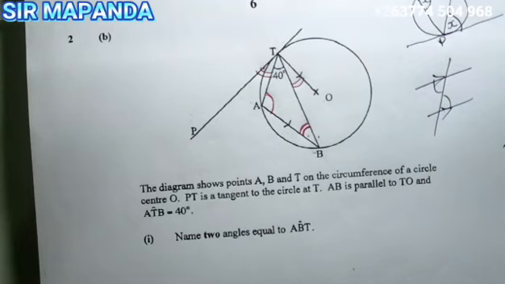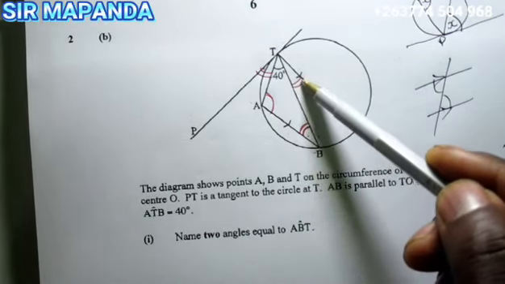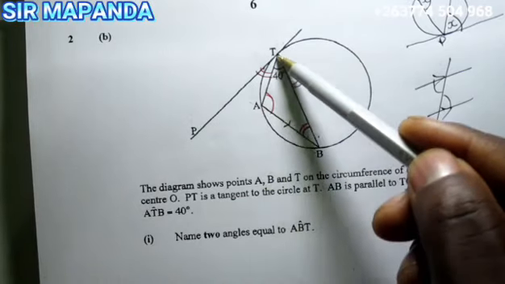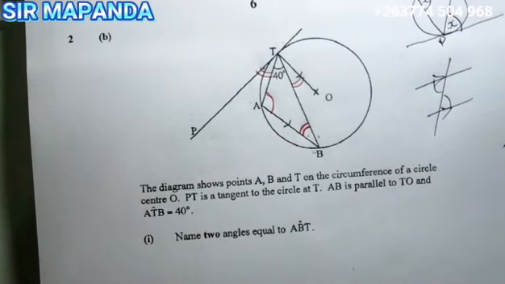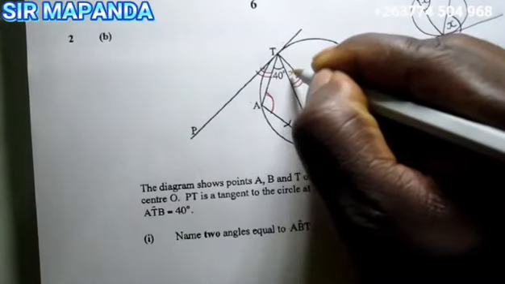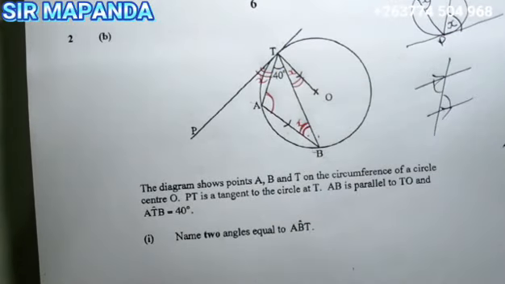So how do I find the angle at B? Since we now know that the angle at B, the angle BTO and the angle ATP are all equal, let them be represented by x. So I'm going to put x here, x there, and x there.